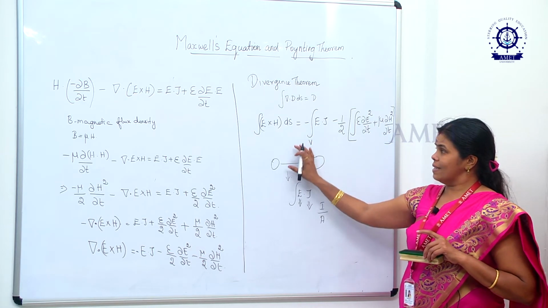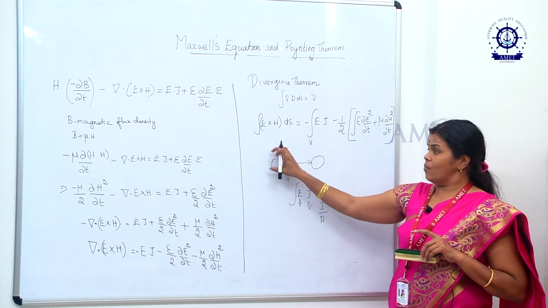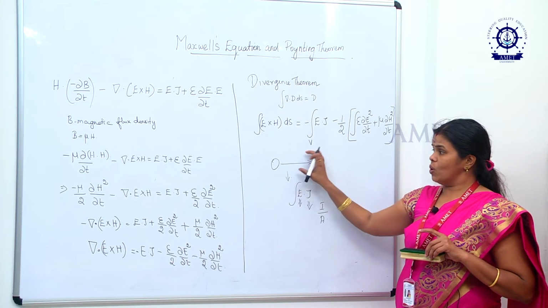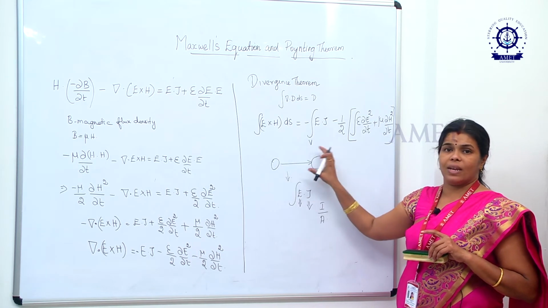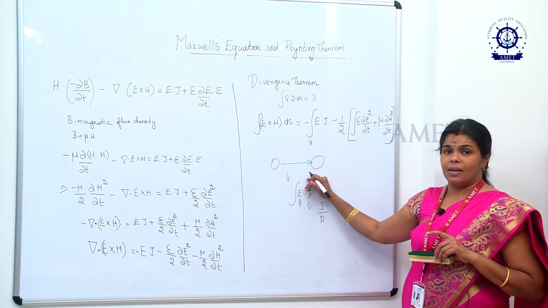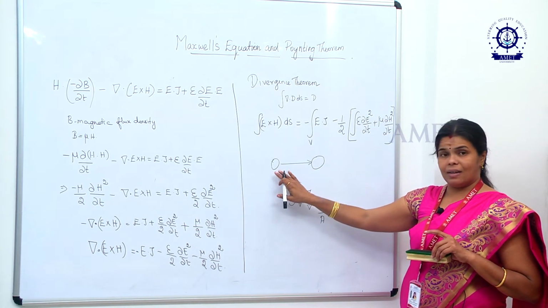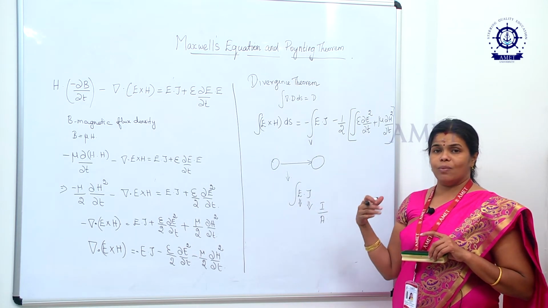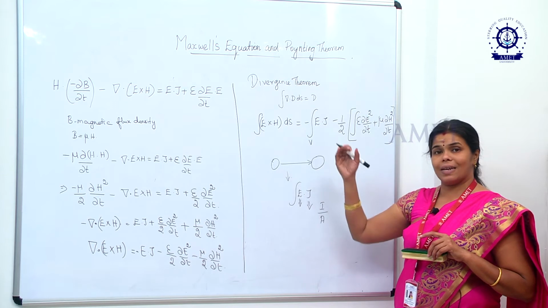What the Poynting theorem tells us is, if a wave is traveling from one point to another, some amount of energy will be transferred to the destination where the losses are there. And if you see the transmission side, or the sending end, as time goes on there is a decrease in the energy.